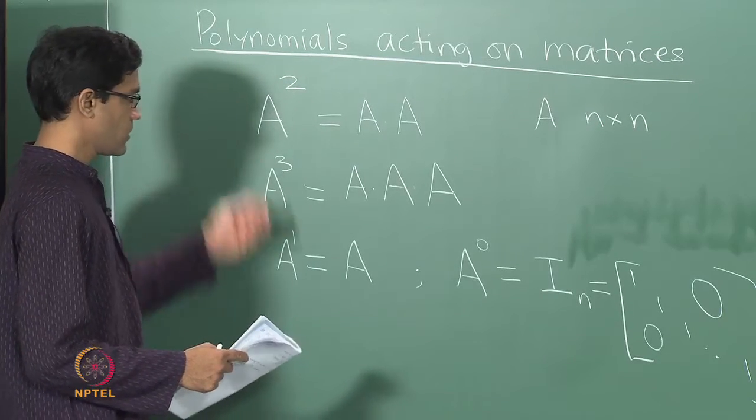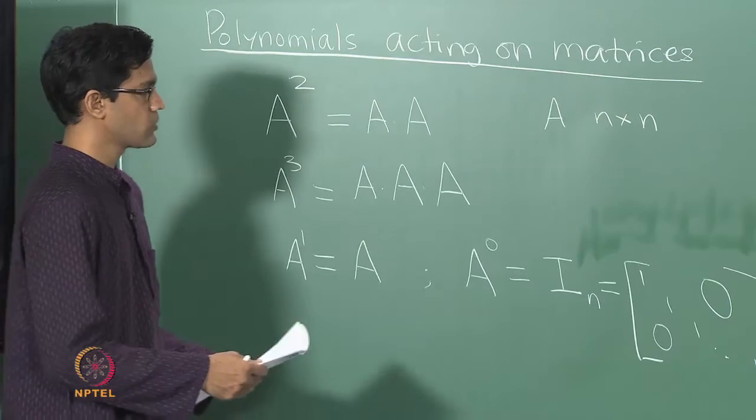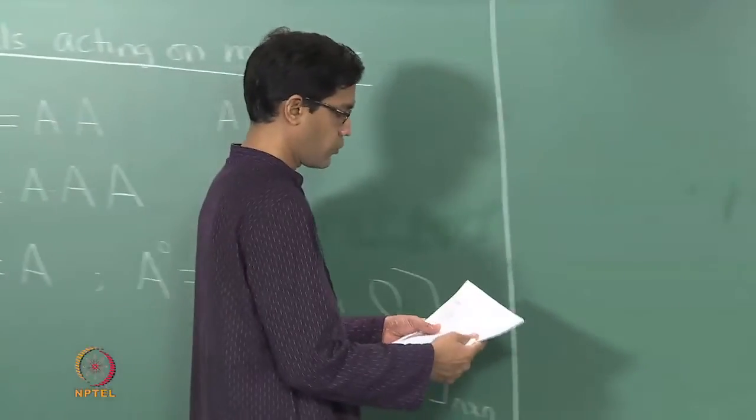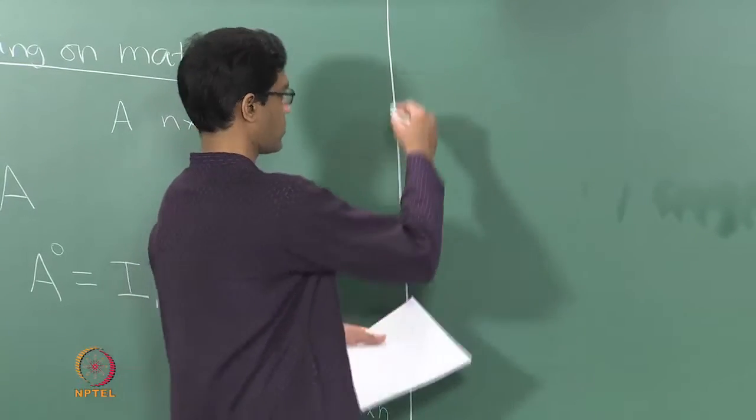Now just like we consider powers of a matrix, it is natural to go one step further and consider polynomials in which you plug in a matrix instead of x. So what does this mean?